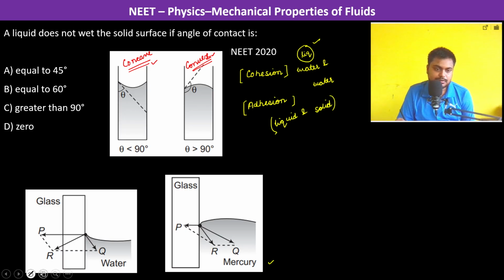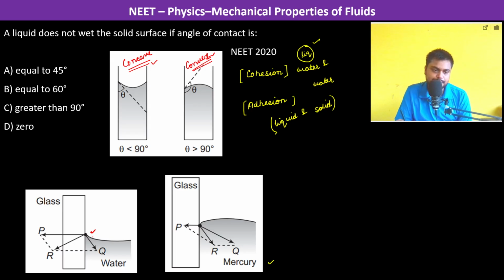So if we see here, in the first case, why is it concave? These water particles are pulled by the glass particles.